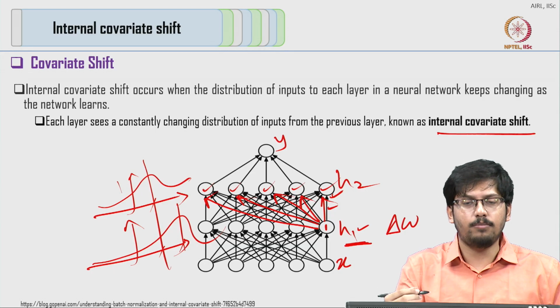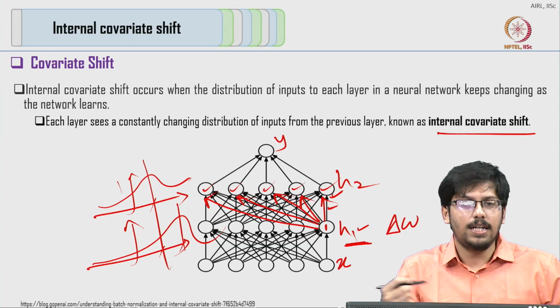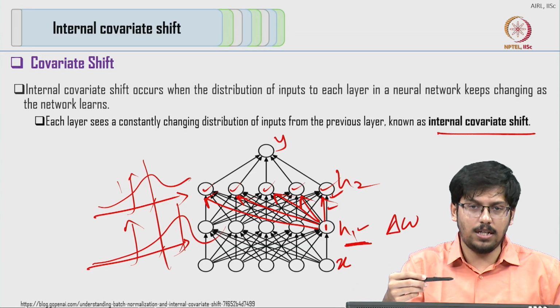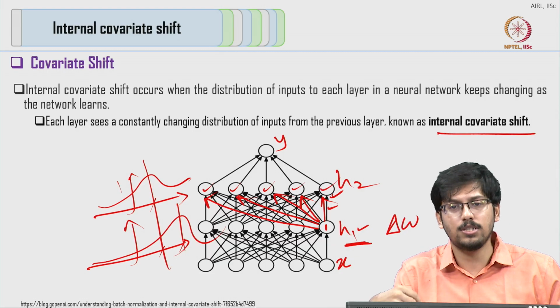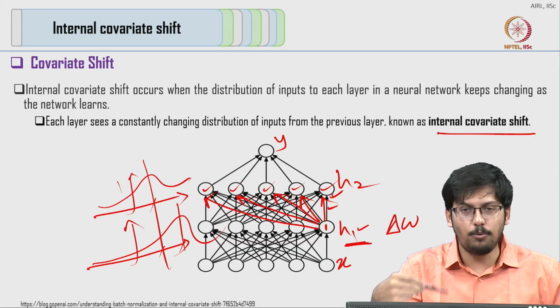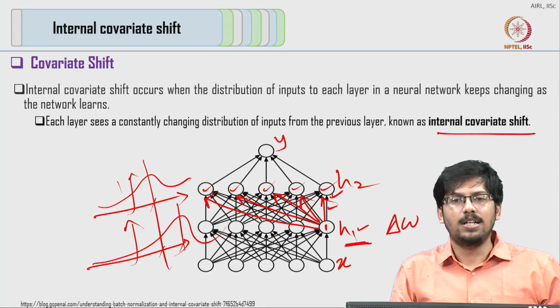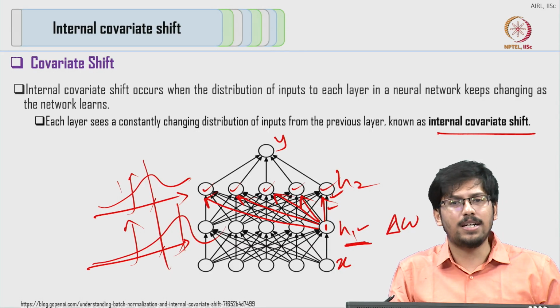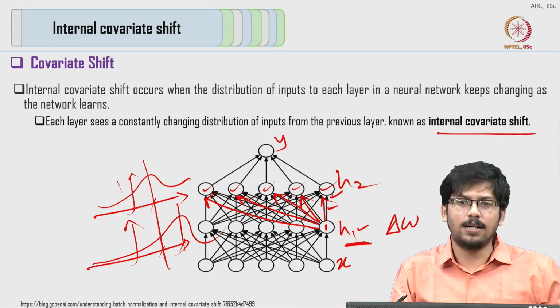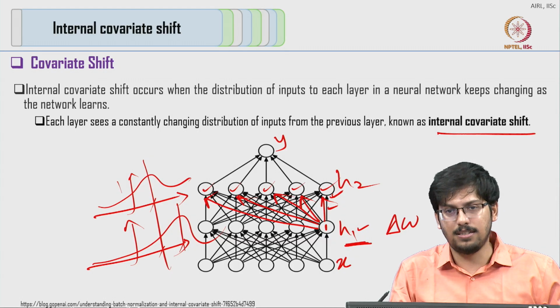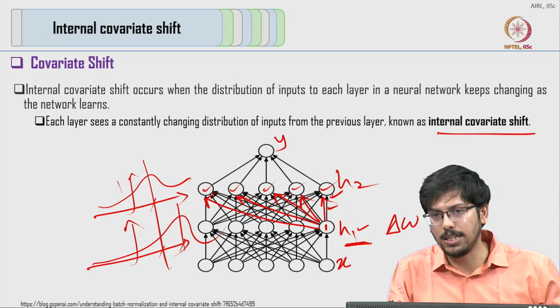It is internal because there is no outside influence. It is internal because the previous weights have an issue, because the weights near the output keep on changing their activation during the learning algorithm. Now this is something that we try to address using normalization. There are some hypotheses that suggest that normalization is helpful for this particular criterion.